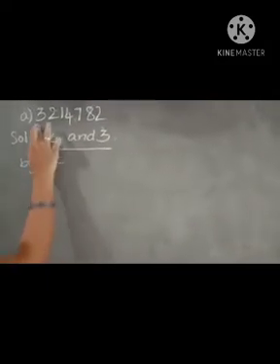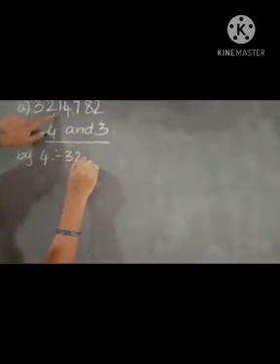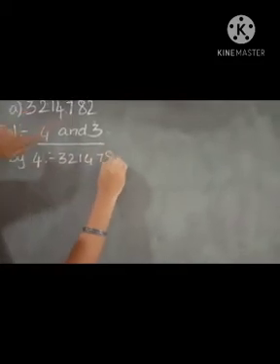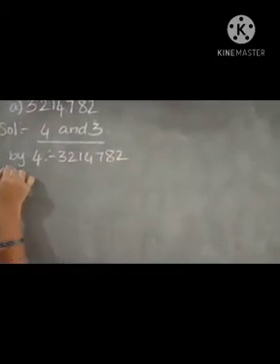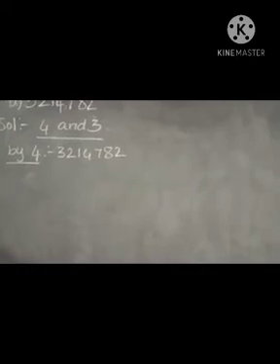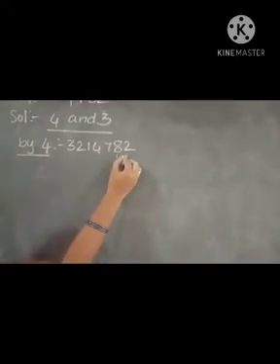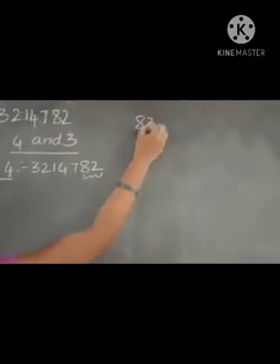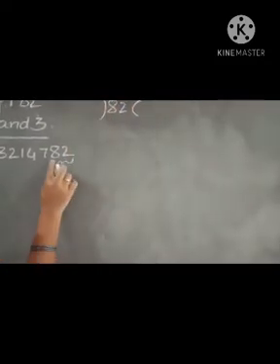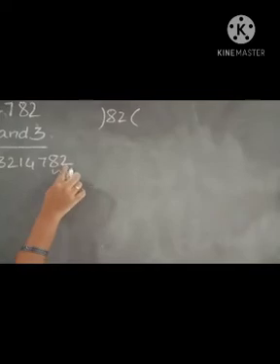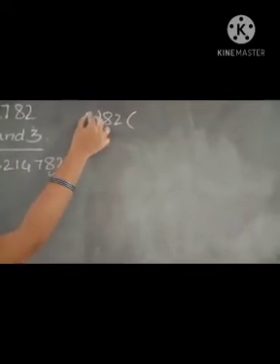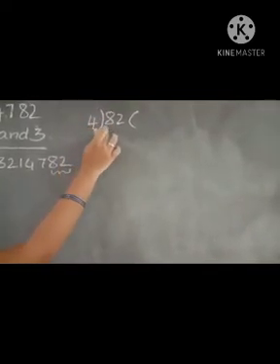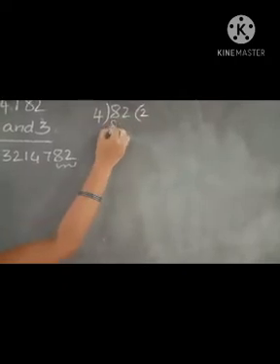See children, what is the number here? 3214782. What is the rule for 4? The last 2 digits must be divisible by 4. Now what are the last 2 digits here? 8, 2. Which table do we check for 4? 4 twos are 8, so we take the borrow.